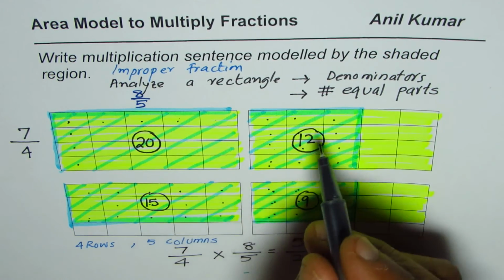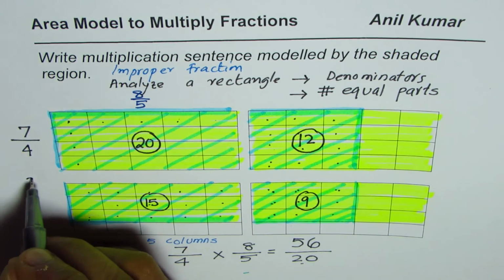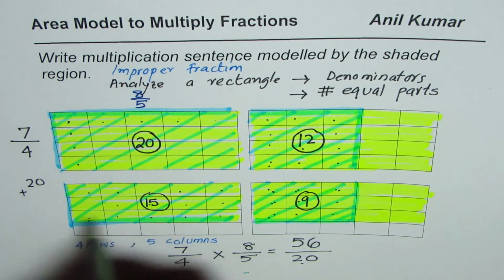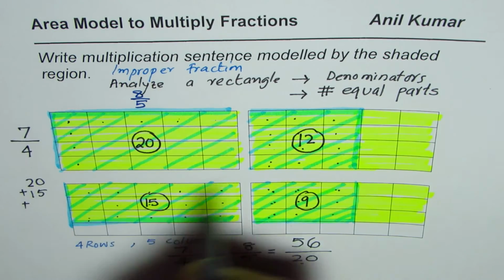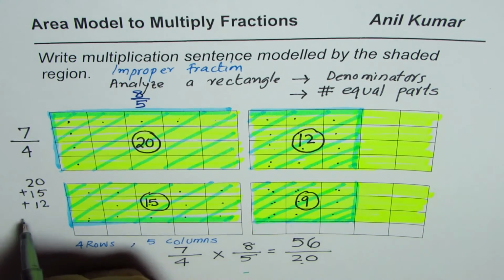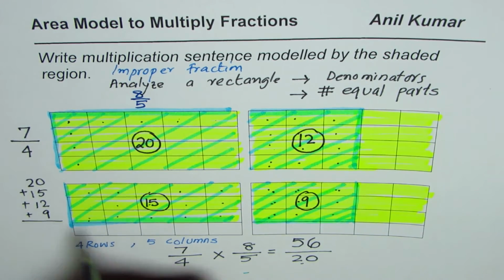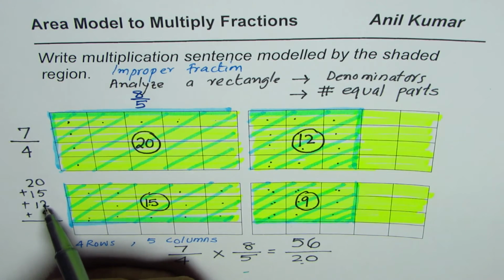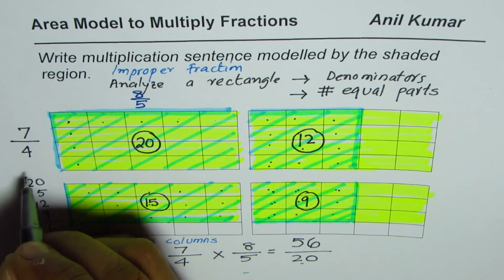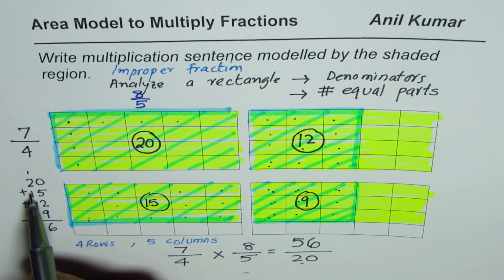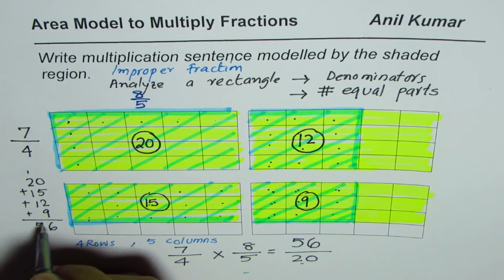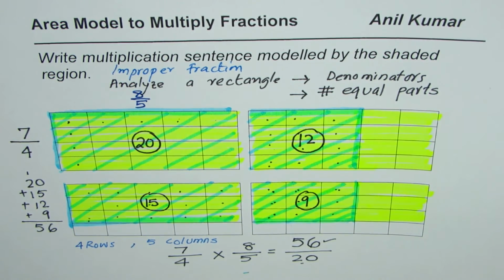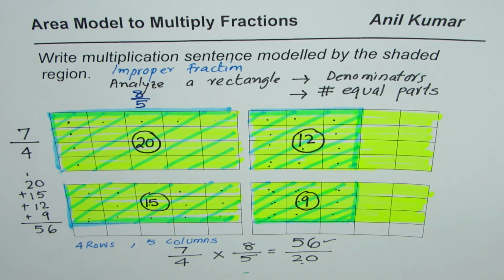So when you add all these, 20 plus 15 plus 12 plus 9, you get 56. So this is the multiplication sentence, which represents the product of two improper fractions.